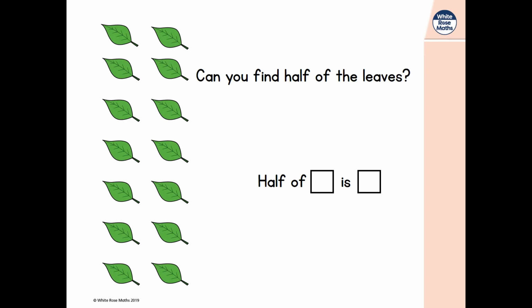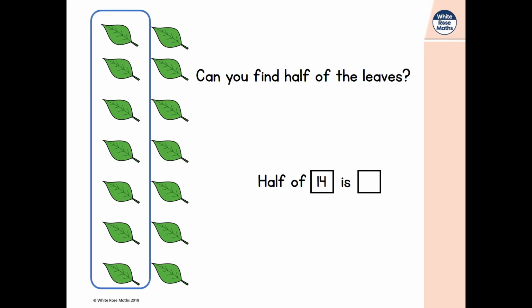How many do we have altogether? 14. Could you draw around half of the leaves? Yes. So now, half of 14 is 7. Well done.